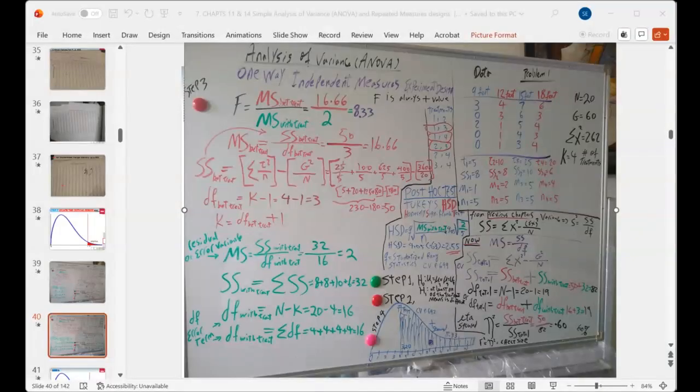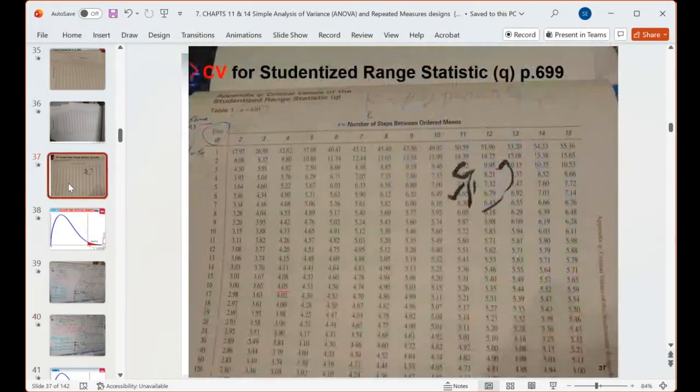So we go to another critical value table. What is our critical value for Q? Right there, we need to know DF error is 16. And then K, not DF between, but K. That right there says R, which is the number of steps, is K. This time, the R row represents K, the number of treatments.